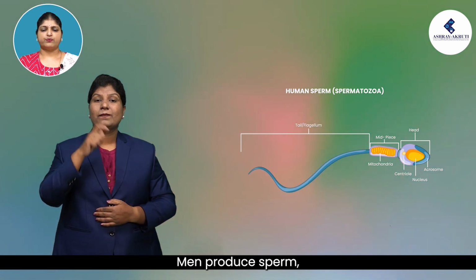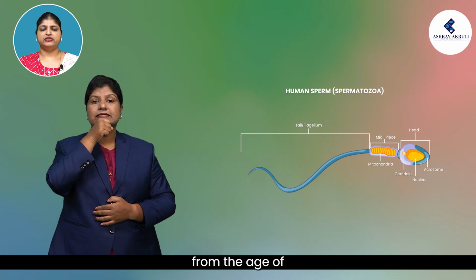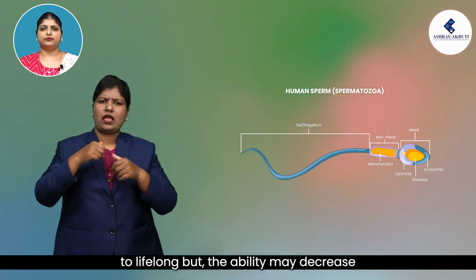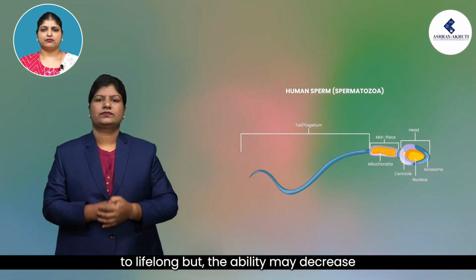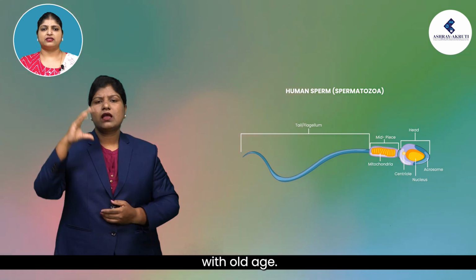Men produce sperm from the age of 13 or 14 years to lifelong, but the ability may decrease with old age.